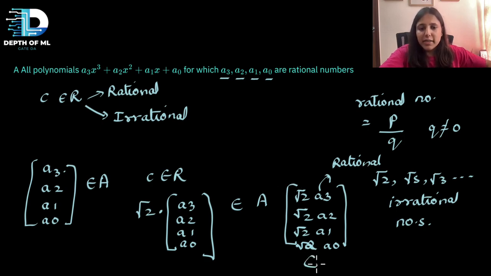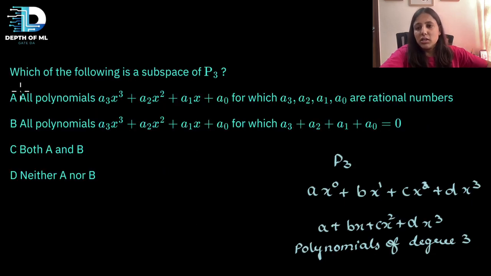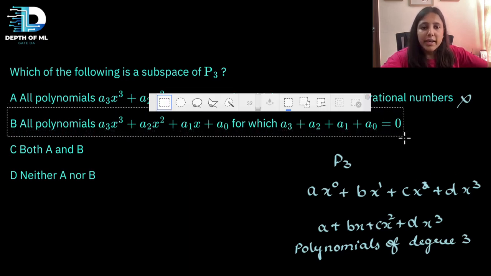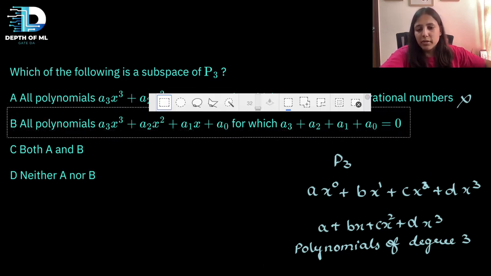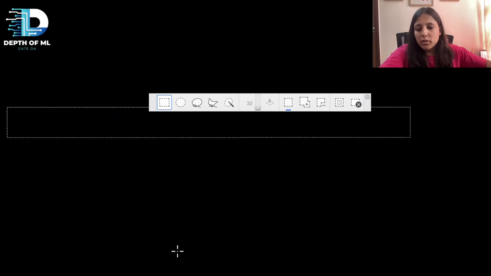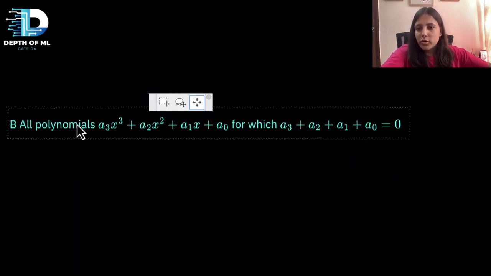Now this definitely does not belong to A. So this is not closed under scalar multiplication. Hence this is not the correct option. Now we have to check whether the other one is a valid subspace or not. If it is not, then D will be our correct answer. Otherwise B will be our correct option. So let's check for this one.